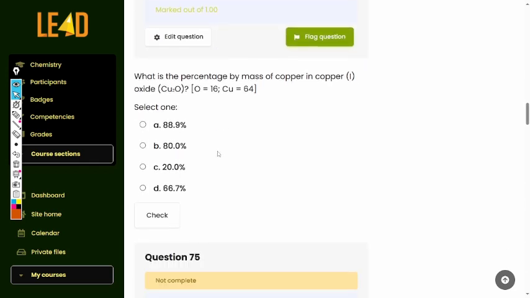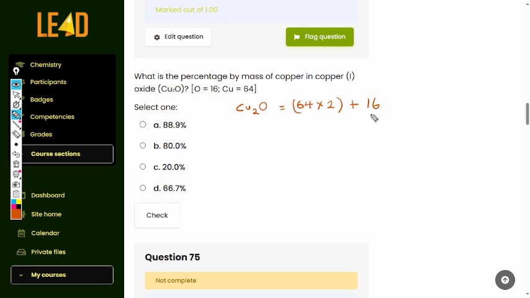What is the percentage by mass of copper in copper 1 oxide? All right, let's calculate this. Percentage by mass represents, we have to look for the molar mass of copper oxide. So in doing that, copper is 64. So 64 times 2, so 2 atoms of copper, plus 16.